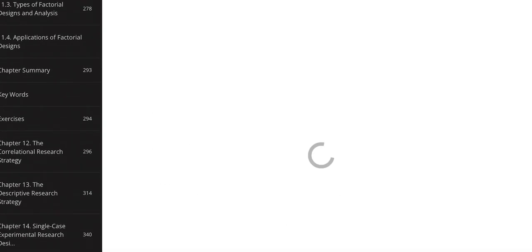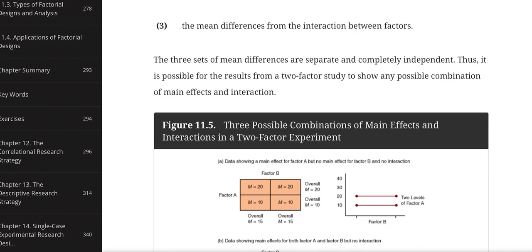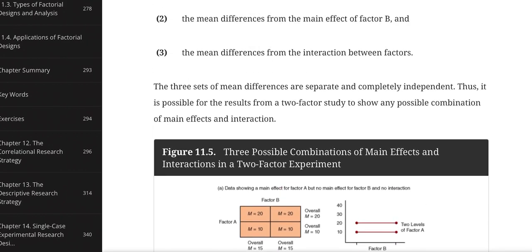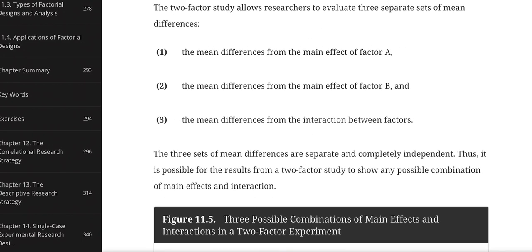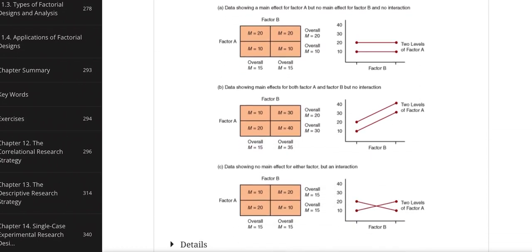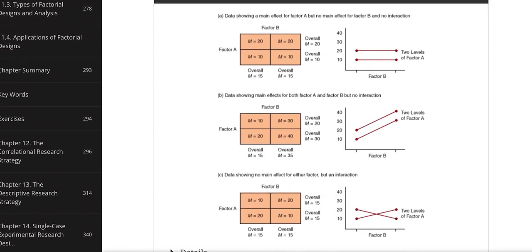Let me go to figure 11.5, and this right here is showing you those 3 things that I just talked about. And then if you scroll down, this figure is a great thing to show you how this works. The first one, part A, is showing you a main effect for factor A for those rows, but there's no main effect for the columns for factor B, and there's no interaction.